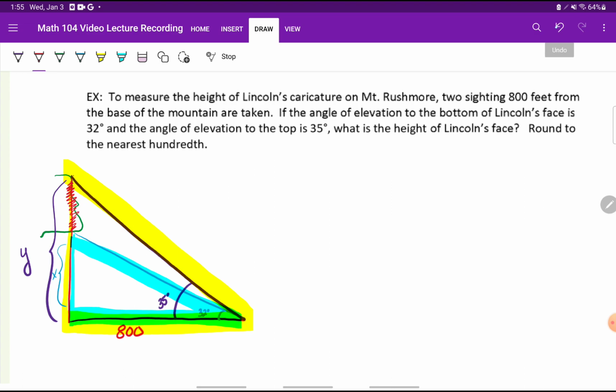So that's our overarching plan. The face is going to be equal to Y minus X. And now we just need to find each of those values.